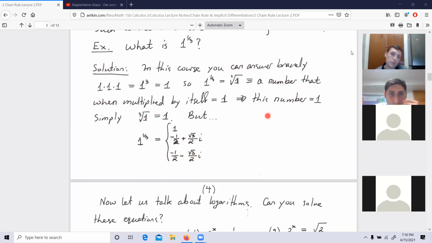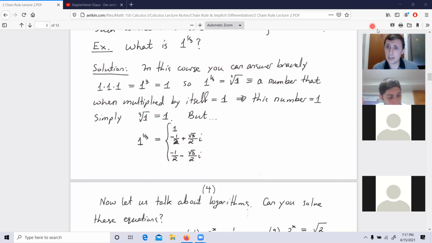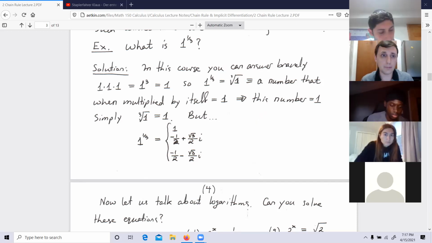So you are lucky that you are spared yet with complex analysis. But if you take the 5th root of 1, you will have 5 solutions. If you take the 10th root of 1, you would have 10 solutions. That's a property of a more advanced number system, one that is capable of representing 2-dimensional geometry. So it's a different mechanism, and there is definitely a calculus on complex numbers.